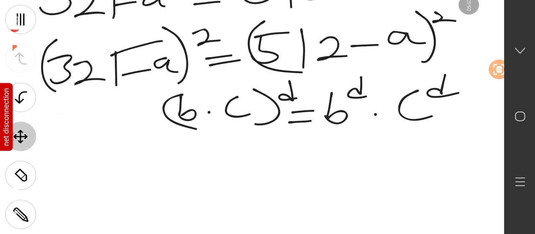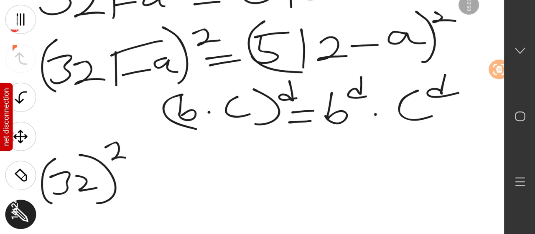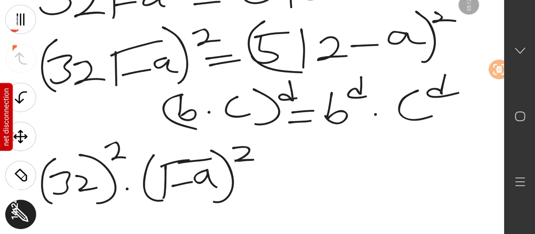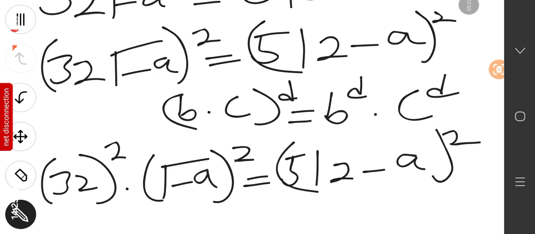So our equation becomes 32 exponent 2 times the square root of minus a exponent 2 equals 512 minus a all squared.